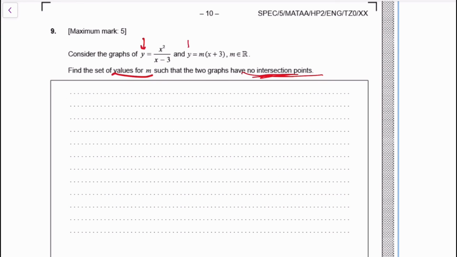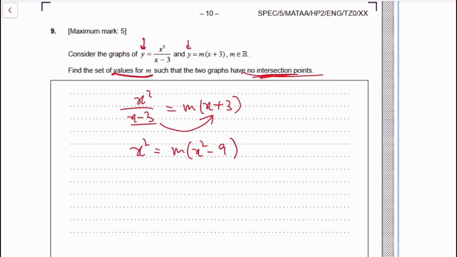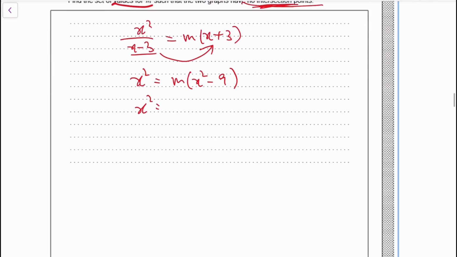Okay, with y equal to y, because we are looking for intersection, so we solve them simultaneously. So we probably multiply this problem to this side. So that's m plus 3 times m minus 3, so that's a squared minus b squared. So it's already a quadratic.